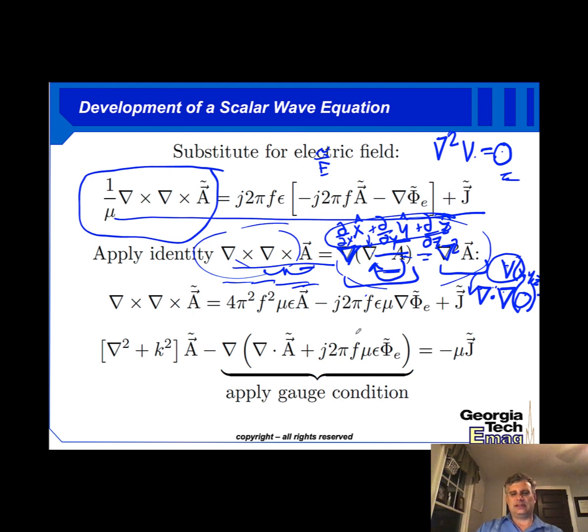Now, that's all nice, but what I have here is the Laplacian of a vector.